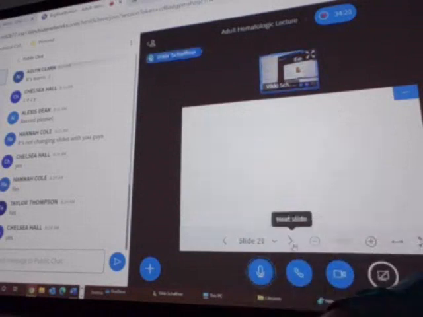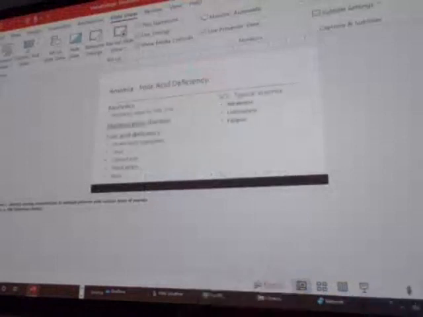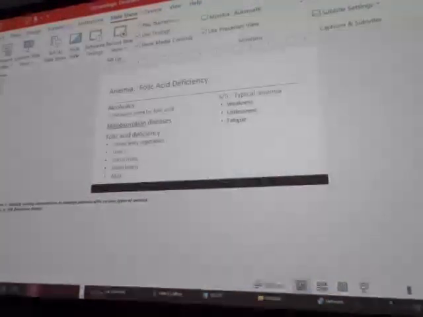Okay, so folic acid deficiency. Alcoholics really do increase the need for folic acid, and so you are going to find that alcoholics oftentimes are anemic.